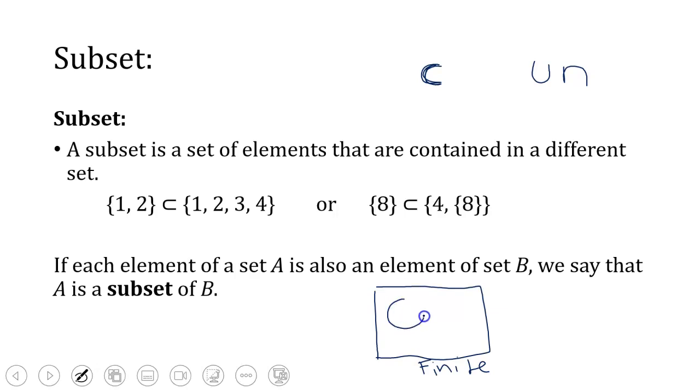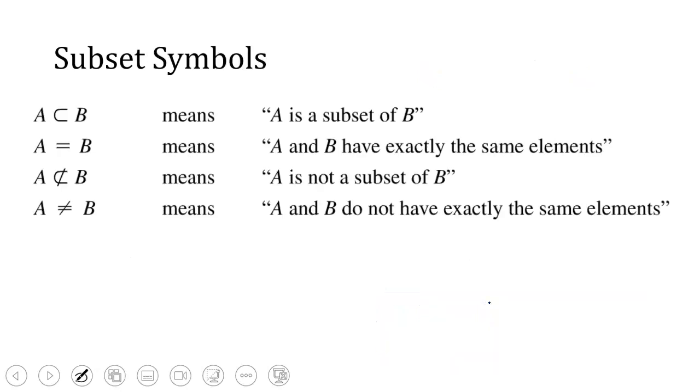But for the subset, we're going to look at females. So everyone is in finite math, but a subset of that could be females, and then another subset could be males. So they're included in everything, but just a few numbers in this category. And so A is a subset of B.